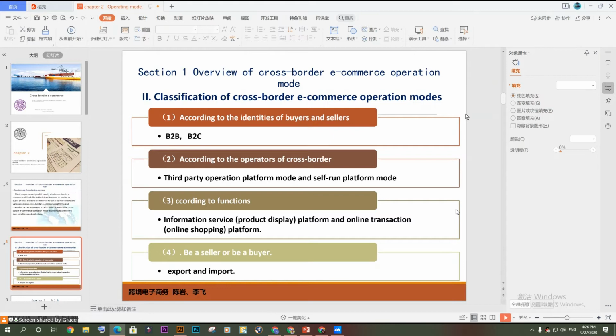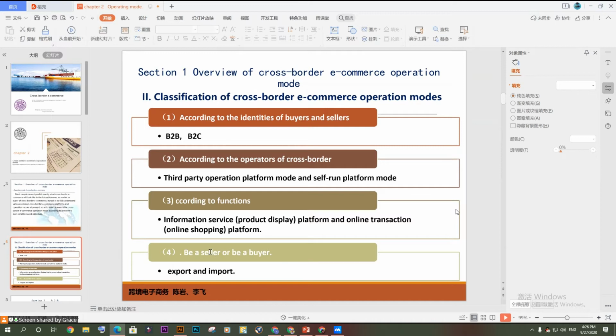So the third one. Okay, let's go ahead. The first one is much easier, I think. That is according to whether, when you do cross-border e-commerce, you are a seller or a buyer.